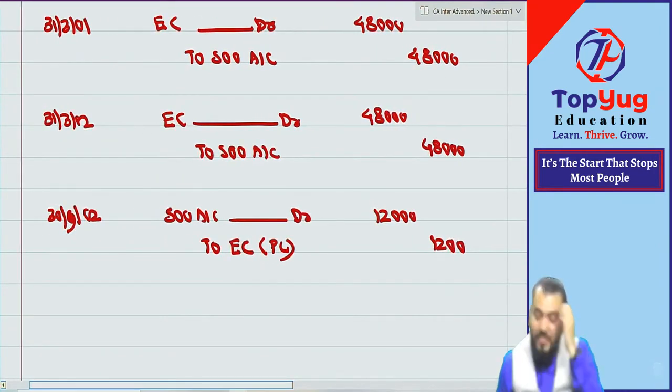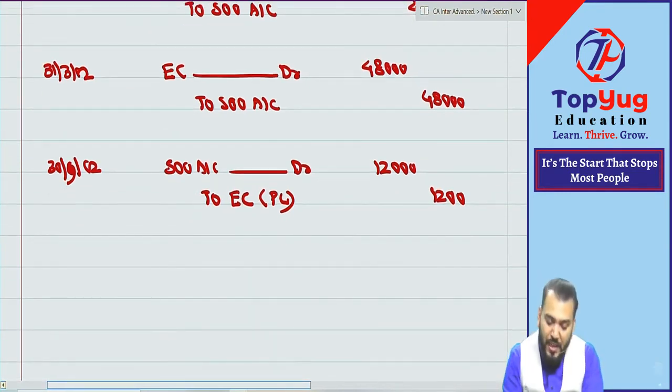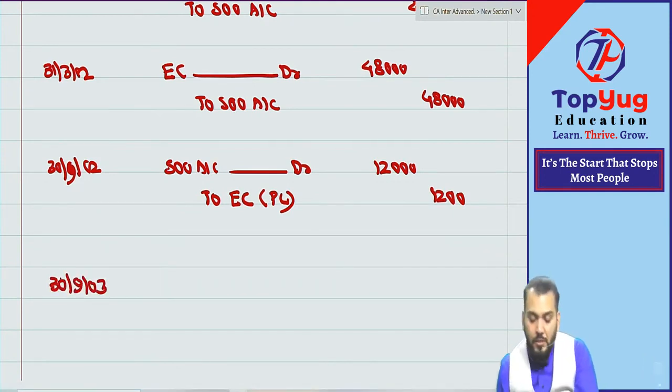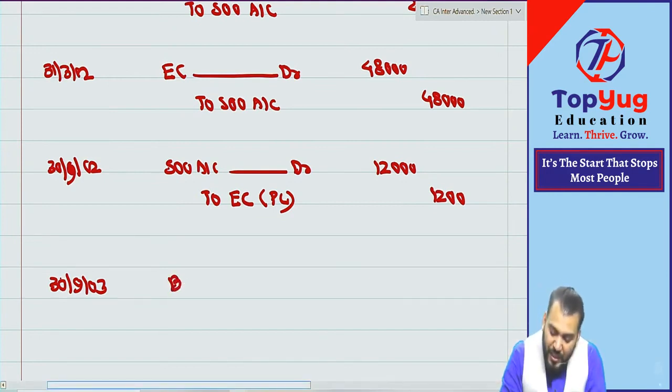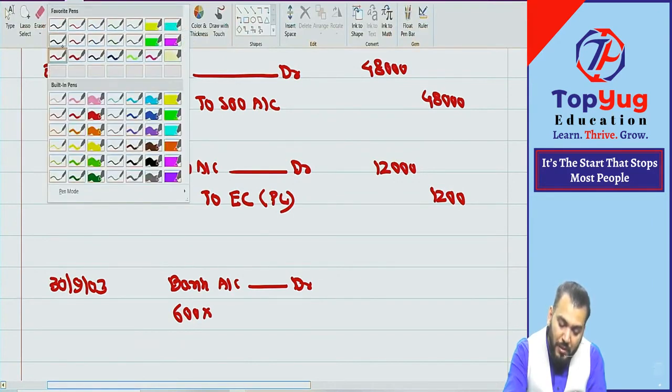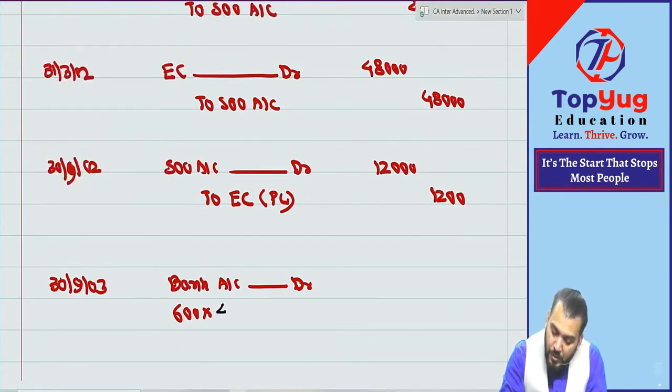Batao. What is the exercise day? They have given the 600 options for exercise on which date? 2003. So how many options exercise? The bank account debit. 600 into what? What is the exercise price? 40.